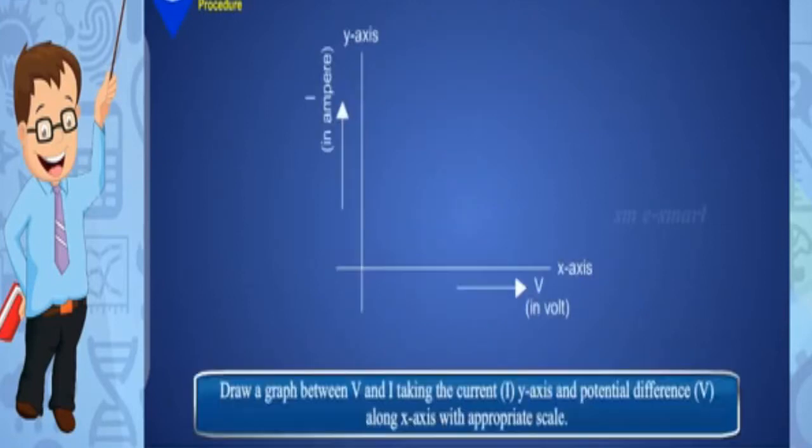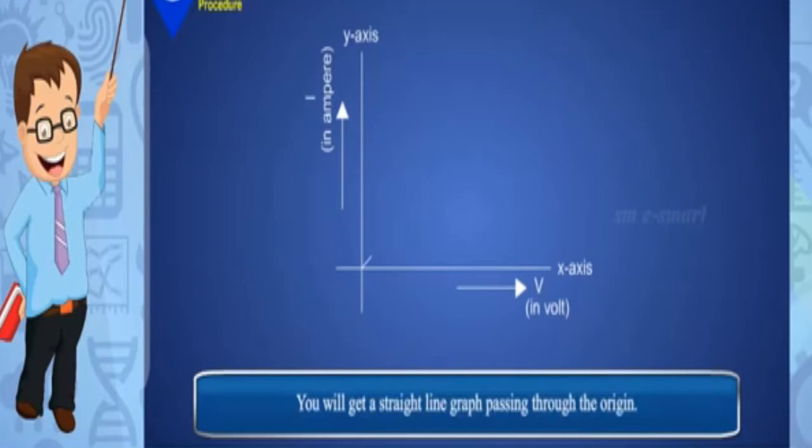Draw a graph between V and I, taking the current, denoted by I, on the y-axis and the potential difference, denoted by V, along the x-axis with an appropriate scale. You will get a straight line graph passing through the origin.